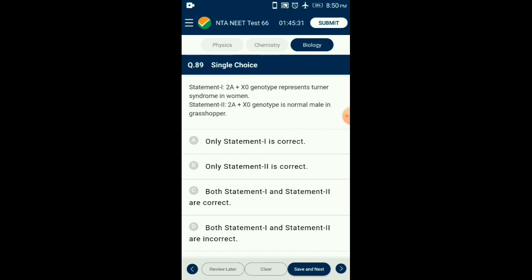It is clear that all eggs bear an additional X chromosome besides the autosomes, while only 50% of sperms bear X chromosomes. In grasshopper, eggs fertilized by A plus X type sperm become females, while those fertilized by A plus 0 type sperm become males. Therefore, sperm determines the sex of the offspring. Answer for this question is option C. Both statement 1 and statement 2 are correct.